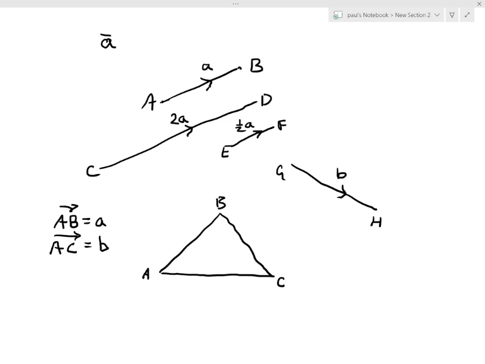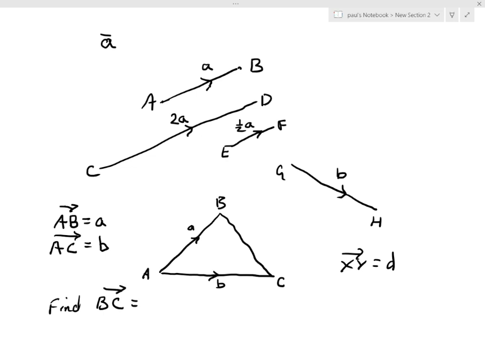This triangle could be X, Y, Z, and then X, Y might equal vector D or something. It doesn't make any difference what they are. So we're just going to label them up. A to B is A, and A to C is the vector B. Now find the vector B to C.